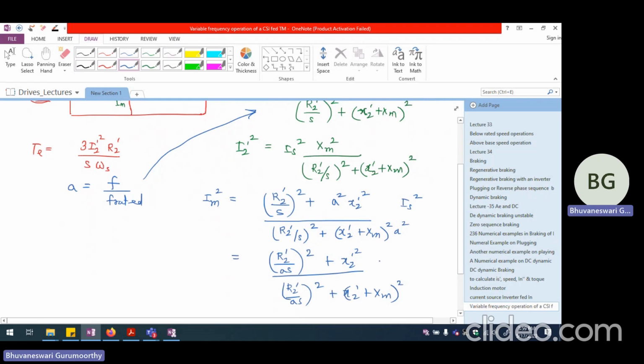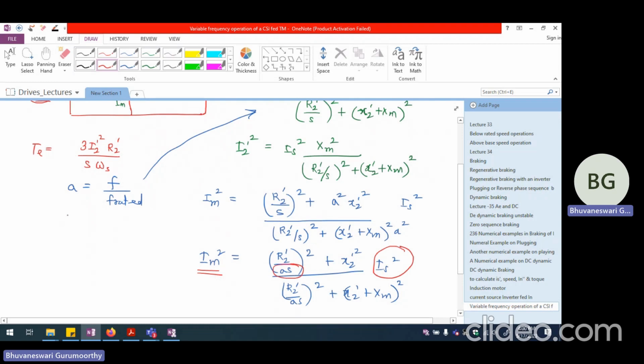This has to be multiplied by IS square and that will be equal to Im square. Now, if I want to keep the magnetizing current at a constant value, because I'm talking about constant flux operation, in that case, if I am keeping IS square at 1 per unit or whatever constant value, then as long as I keep AS as a constant, the magnetizing current is a constant.